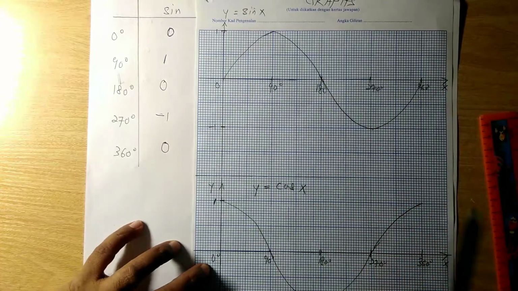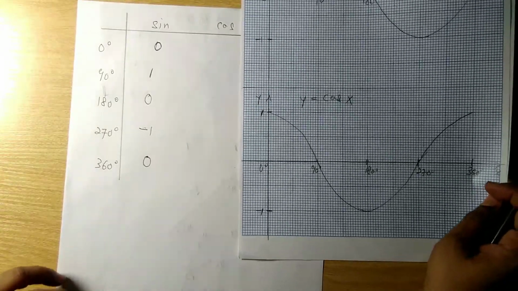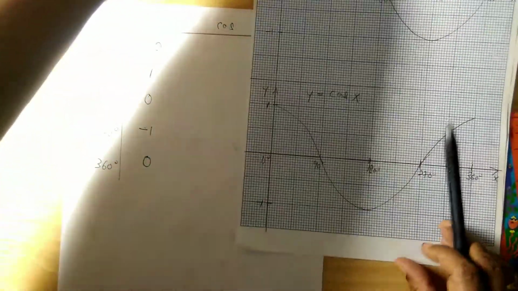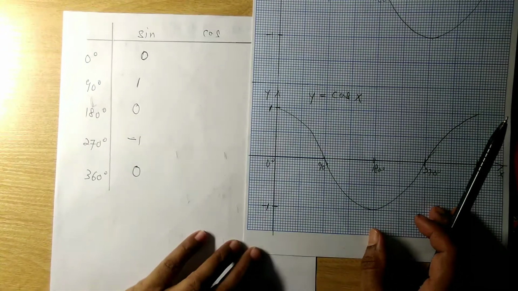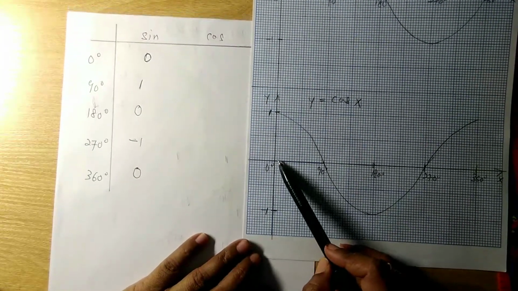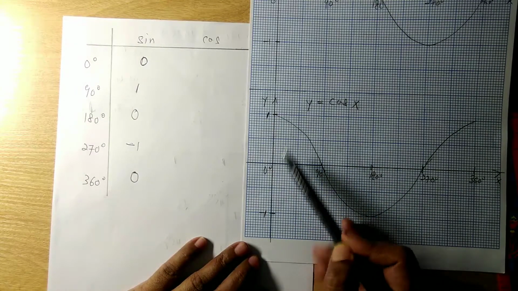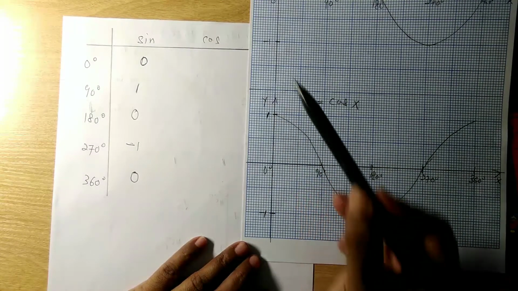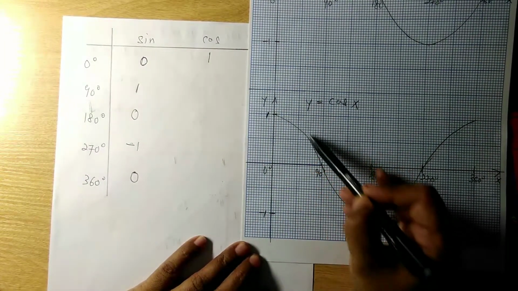Now likewise for the graph of cos. The graph starts at 1, so at 0 degrees the value of cos is 1. At 90 degrees, it comes down to 0.